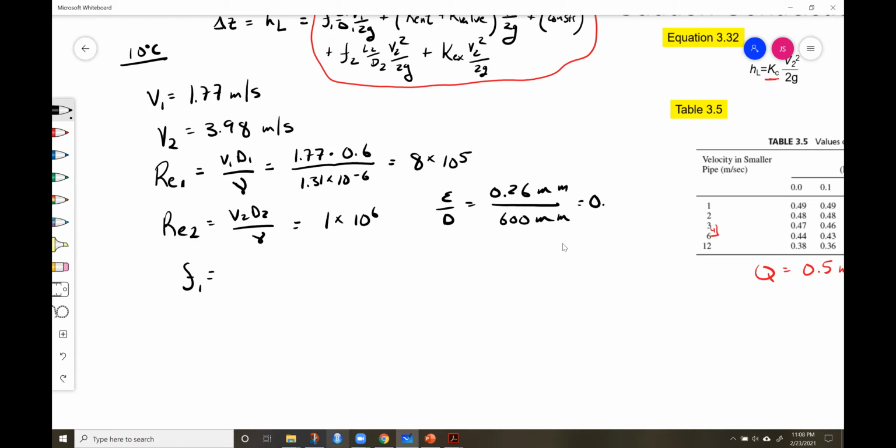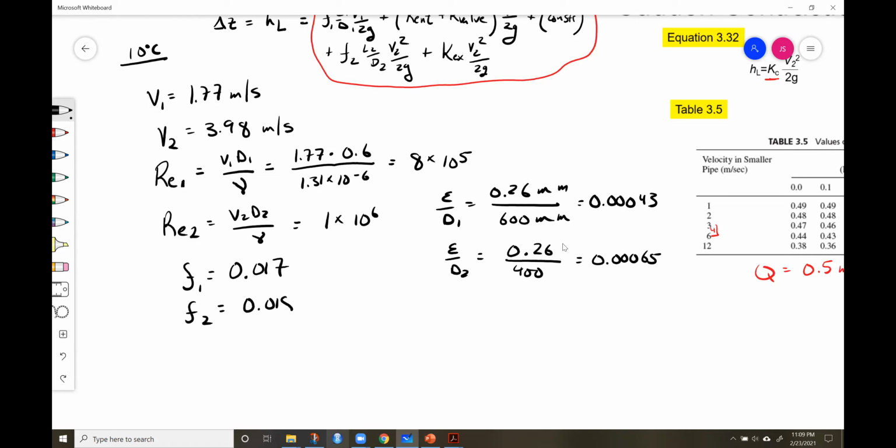And that gives us 0.00043. You get another e over D right there with a smaller diameter pipe. All right, so we can take this with a Reynolds number, go to Moody, and calculate f1, 0.017, f2, 0.018. And now we're getting pretty close.